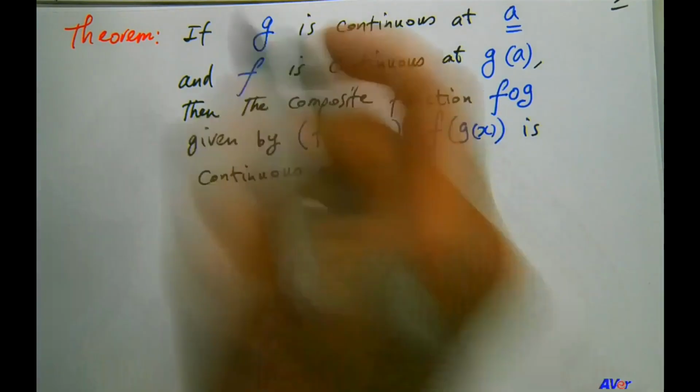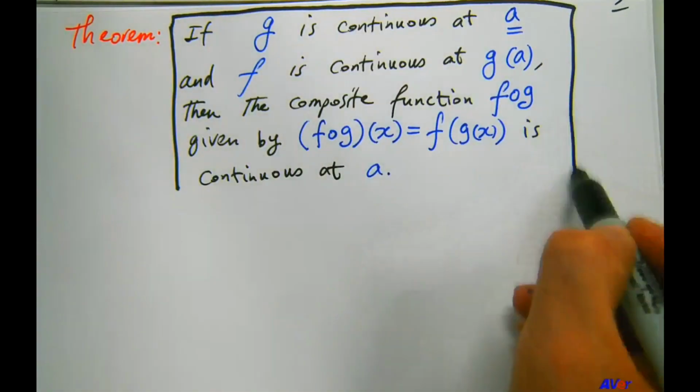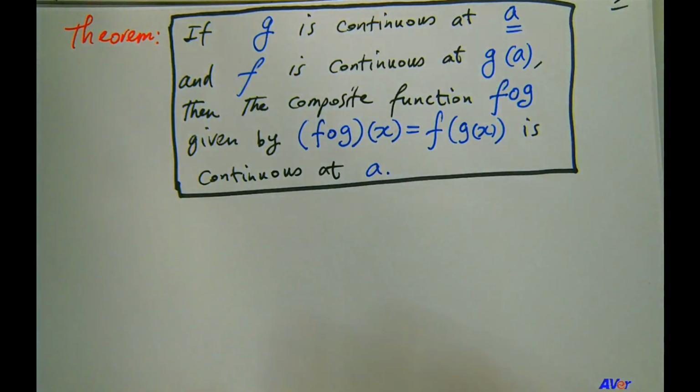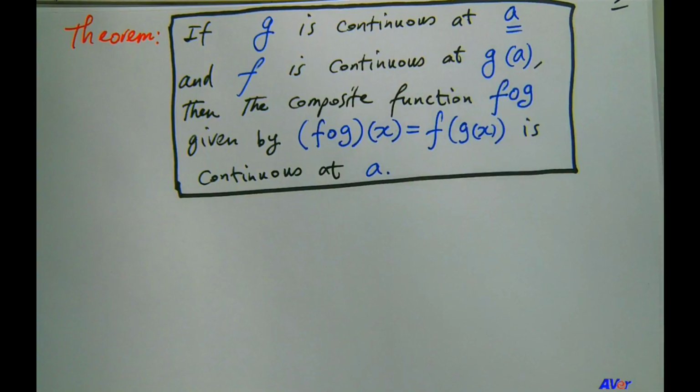So if you have any difficulty following what this statement is saying, please review the discussion of composite functions and their domains from Math 126. Because all this is saying is that if the g function is continuous at some value a, then the composite function of f and g is also continuous at that a value. It goes back to the discussion of the domain of composite functions.